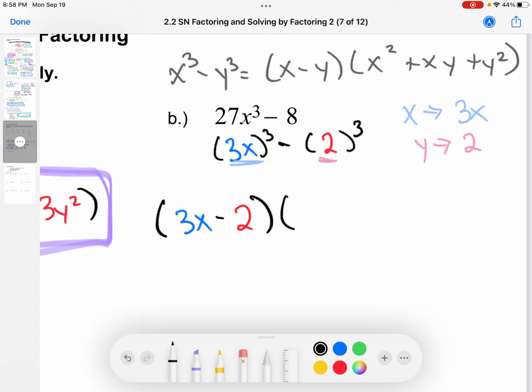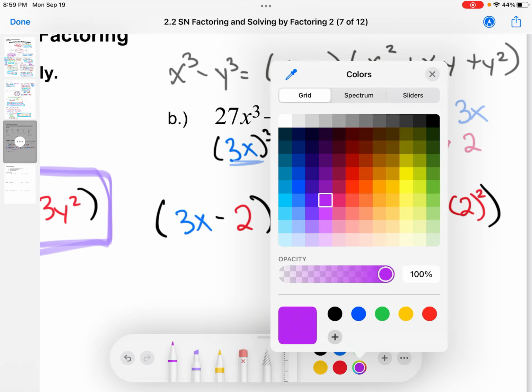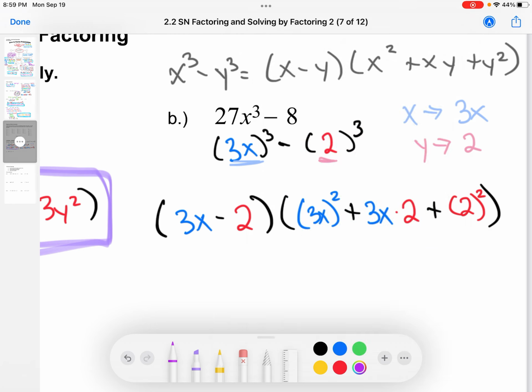And then the second parentheses will have a plus sign and then another plus sign. That first term, we'll take the 3x and we'll square it. That second term, we'll take that 3x and multiply it by the 2. That last term, we'll take the 2 and we'll square it. All we did here was plug in to the factoring formula. Think of this factoring rule as the formula to plug in.